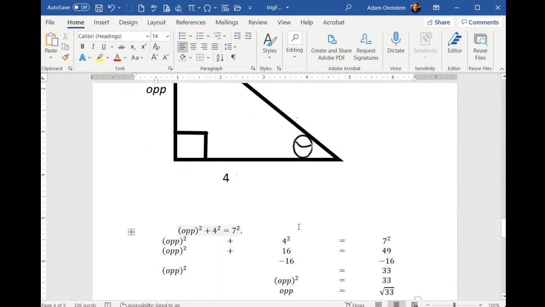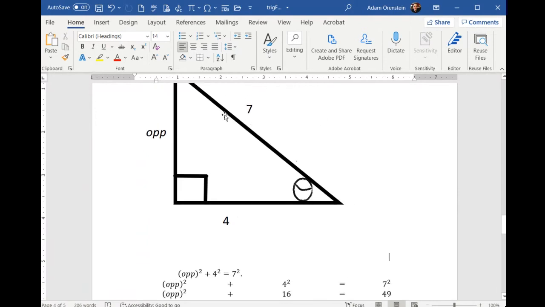I wrote it as OPP squared plus 4 squared is 7 squared, but it's the same idea. You can add in any order you want.